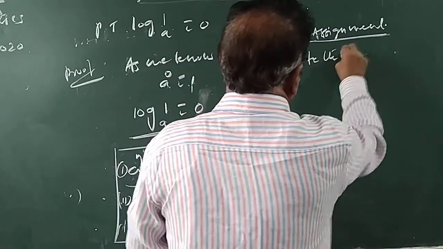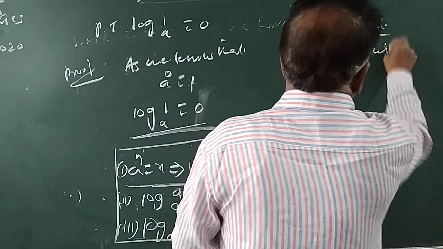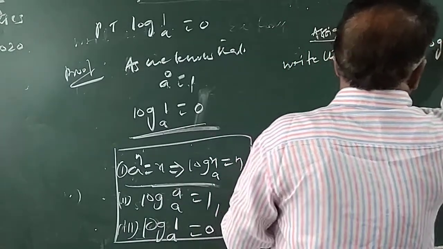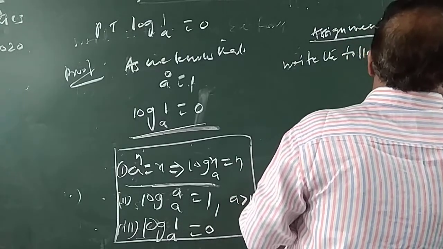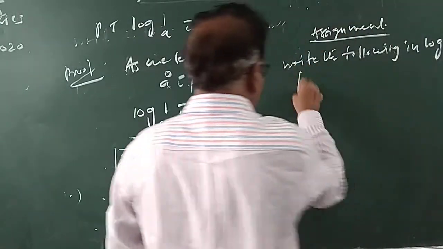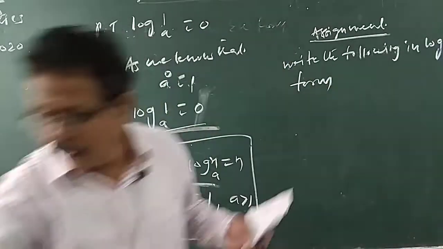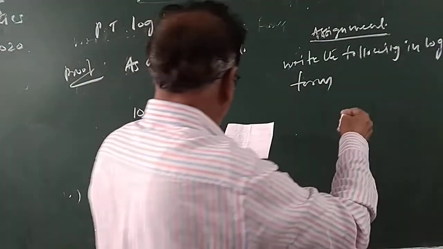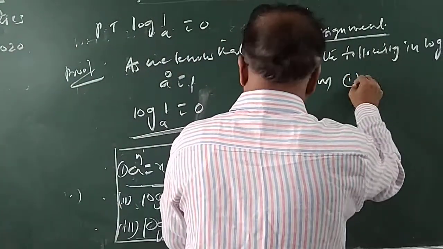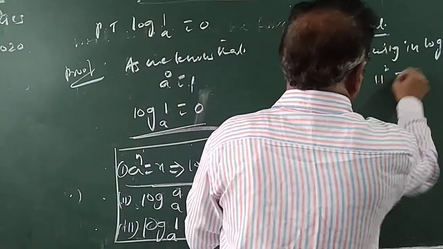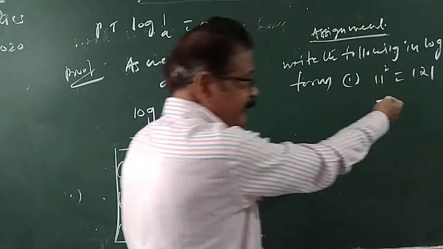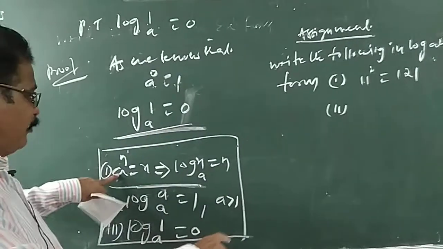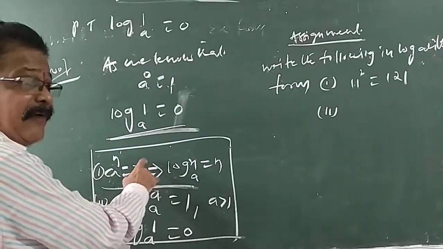Write the following in logarithmic form. First, 11 square equal to 121. This is exponential form given, write in the logarithmic form. You know how to write this. Right side value will be the log.